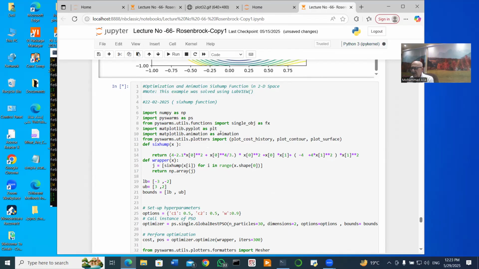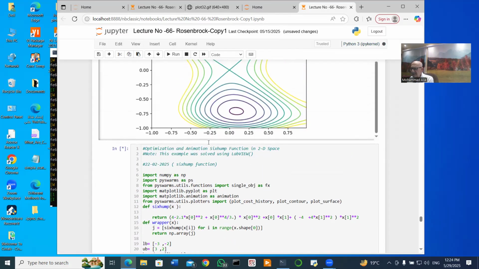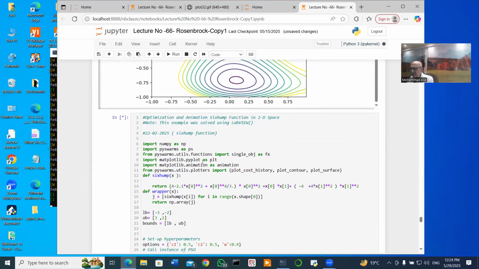Making use of time until it converges, as I have explained to you, the steps and the work which I am doing here are exactly the same as we did before with the Rosenbrock function and with the holder table function.